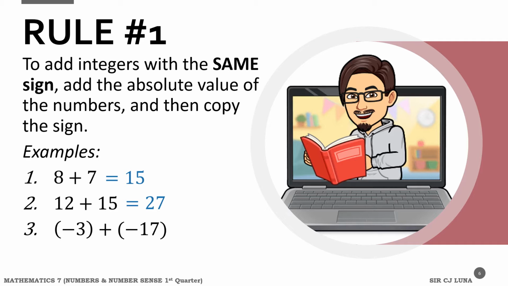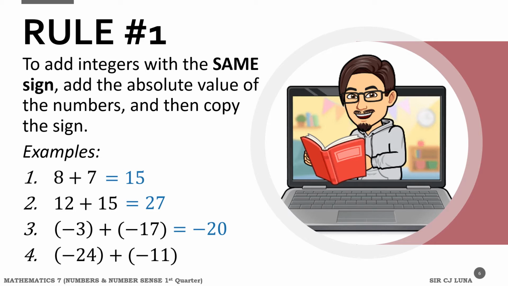Tama yon, 20. Pero ang sagot natin ay hindi 20. Di ba? Okay, very good. Ang sagot ay negative 20. Bakit siya negative 20? Okay, kasi kokopyahin mo lang yung kanilang parehong sign. And that is negative. Okay, very good kayo doon.